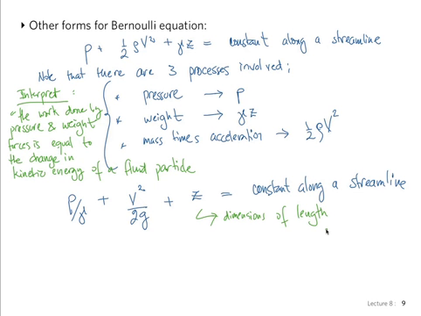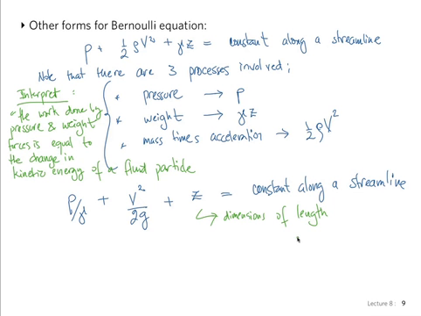Now you recall that we said that when we're measuring pressure, we can use a measure in terms of length, which is the height of a column of fluid that generates the same pressure that we're measuring. And this is a similar situation. We have pressure here, but it's in units of length. And so this is basically a tradition of civil engineering to look at these sorts of energies in terms of units of length.